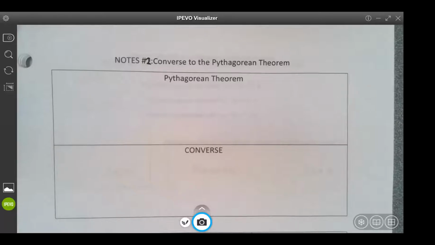Okay, so I'm going to write the Pythagorean theorem in an if-then statement in this first box.